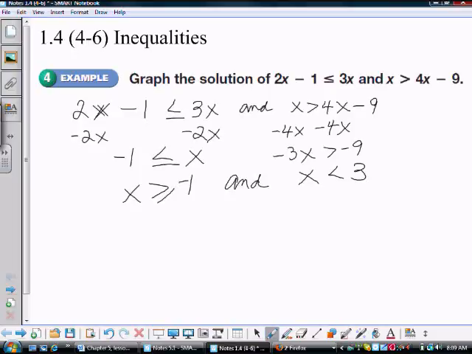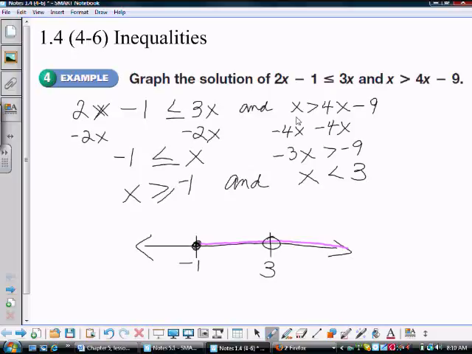When I go to do my number line graph, which I like to do first, and then I may clean up my answer later, I'm going to graph x is greater than or equal to negative 1, so I better have negative 1 on my graph. Closed dot. Shade for that one in purple. And x is less than 3. Open dot.